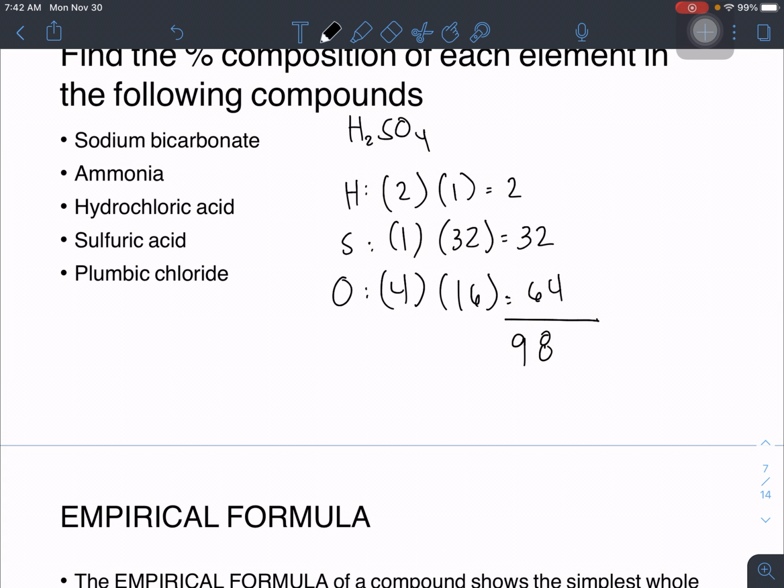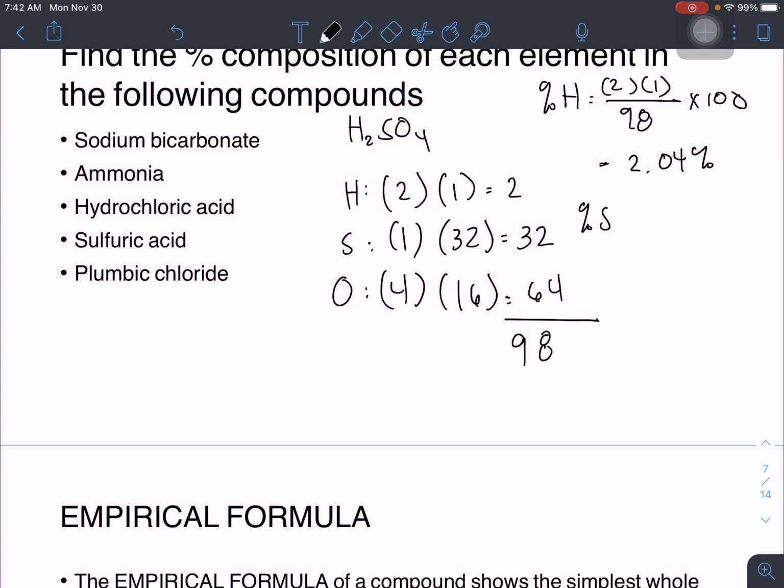Let's find the percentage composition of each element. For hydrogen, there are 2 atoms multiplied by 1 over 98 multiplied by 100. This will be equal to 2.04%.